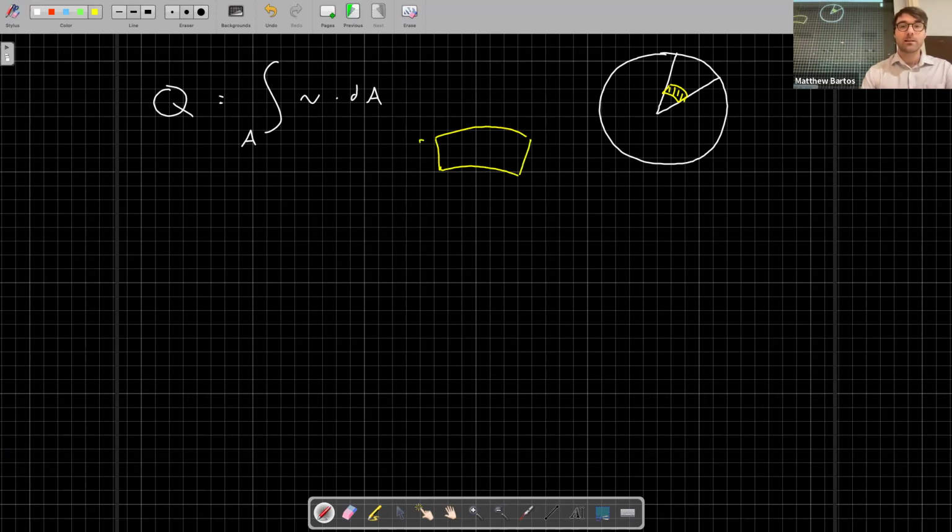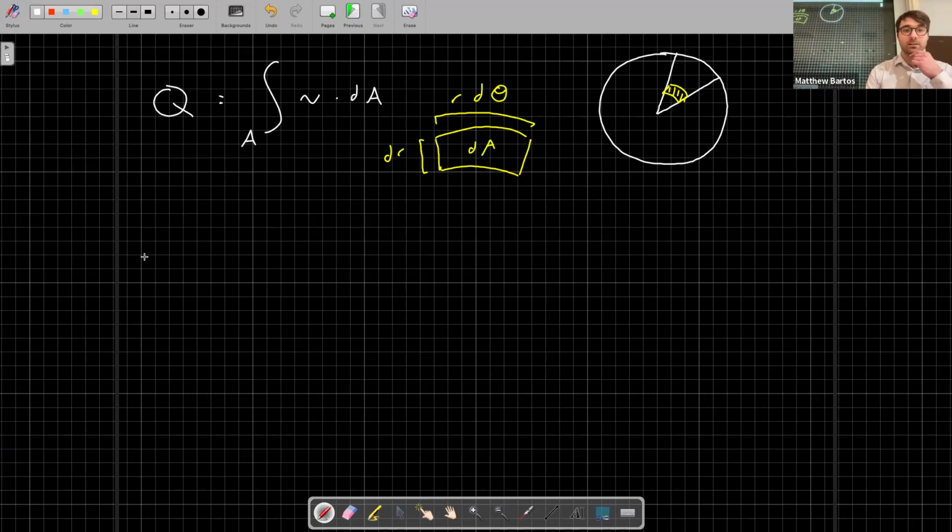So the width of this little polar rectangle is going to be dr. The length is going to be equal to the arc length, which is the radius times the change in the angle over our polar rectangle. So if you multiply the width by the length, you get dA.